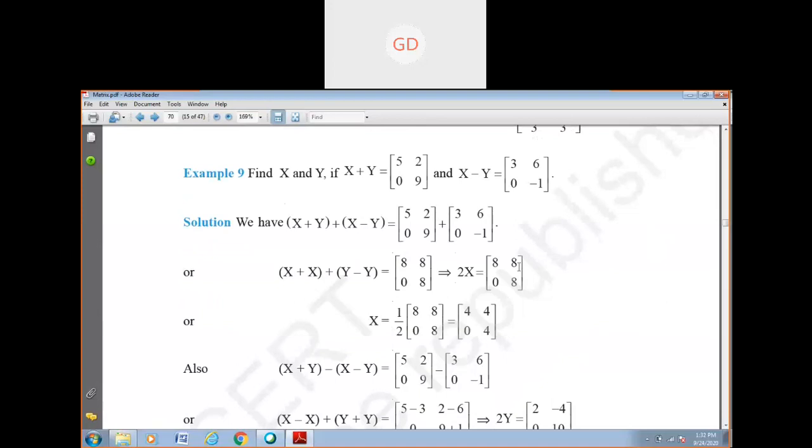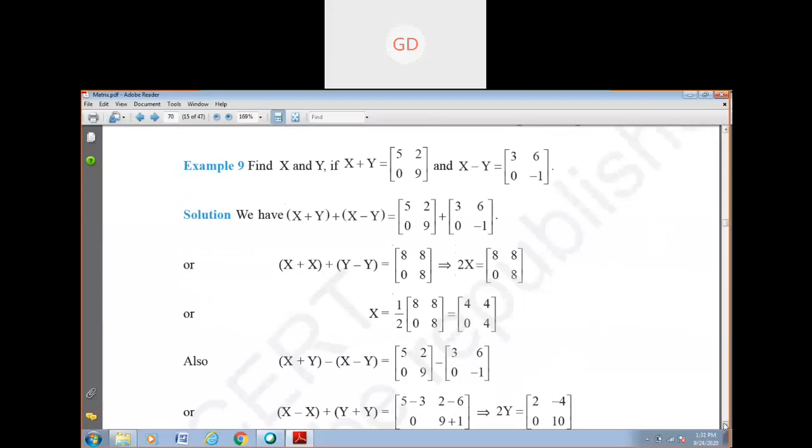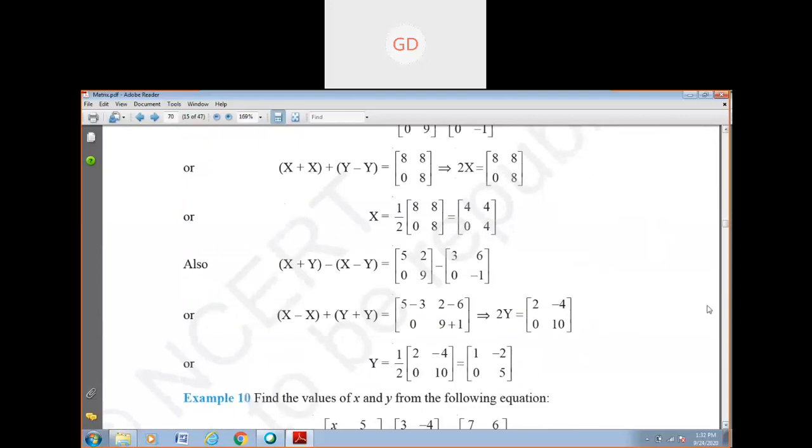Here also the process is exactly similar: left hand side plus left hand side, right hand side plus right hand side, and doing this normally we have 2X equal to this matrix. Therefore X is equal to half into this. This is scalar multiplication with half, and we got 4 4 0 4, this matrix. So X is equal to this matrix.